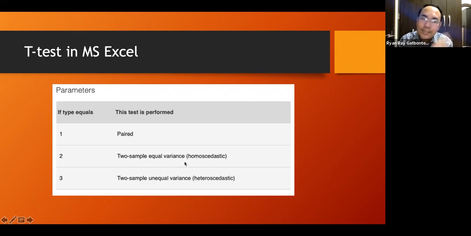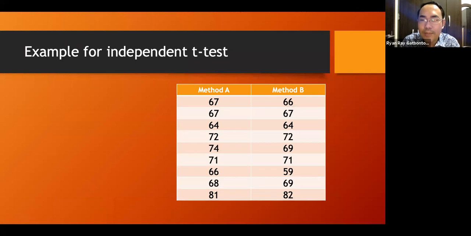Now, a one-sample or paired t-test is a test used to compare differences of two different sets of scores from one group only, while the other is used to determine the difference between scores from two different groups. Okay, so to help us understand, we will have first our example for the independent t-test.